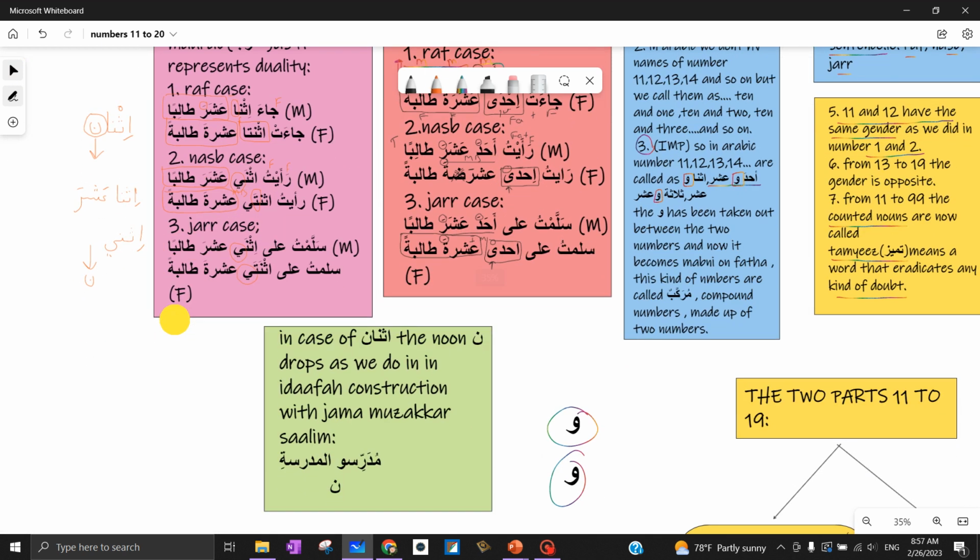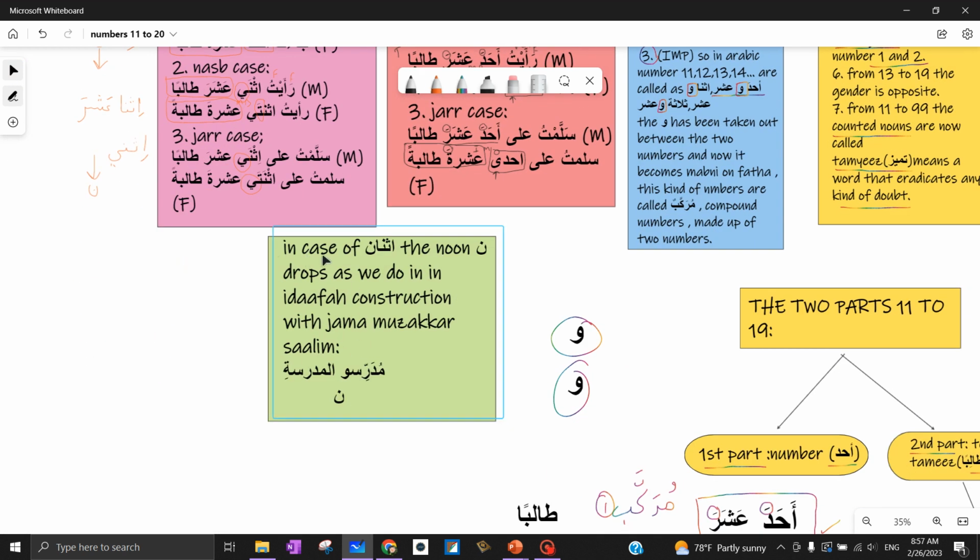Now, what happens for the noon, as I explained? In case of ithnan, the noon drops as we do in the idafa construction with jama mudhakkar salim, like mudarrisu al-madrasati, which means the teachers of the school. What happened? You cannot write mudarrisuna al-madrasati.